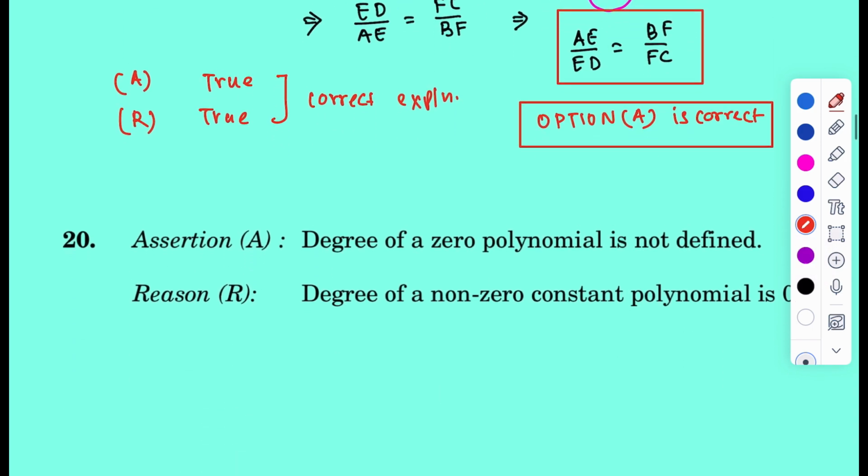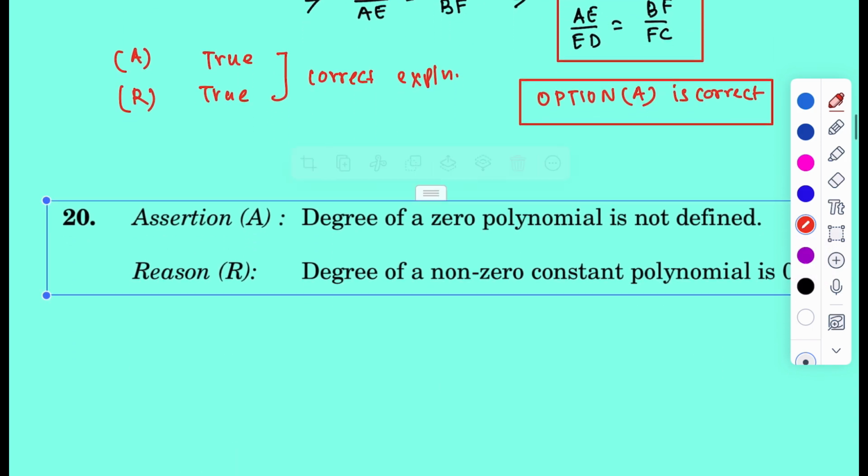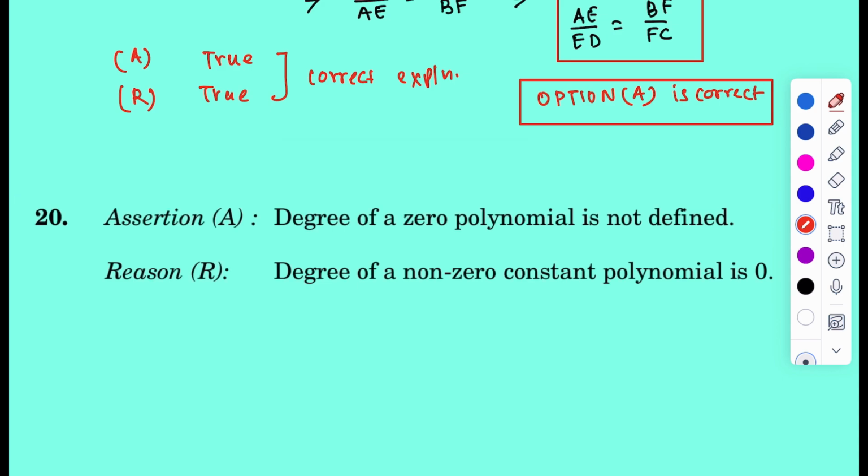Next is number 20. We can see here the assertion is: degree of zero polynomial is not defined. It is true, because suppose the zero polynomial is 0.